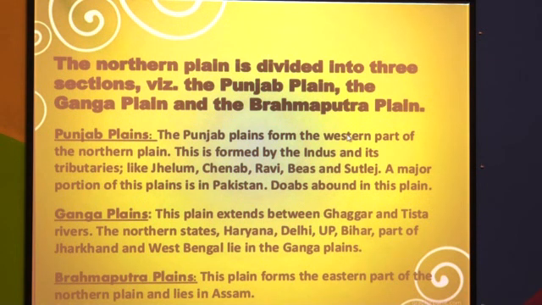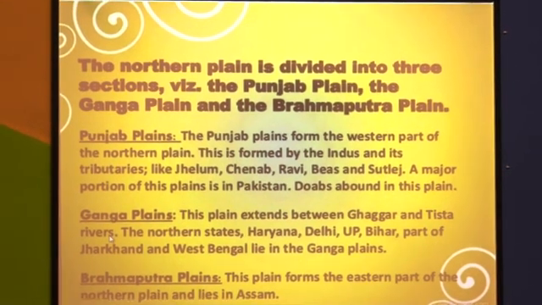Now when we come to the second part of the northern plain, the largest part of the northern plain, it is called the Ganga plain. Again, the Ganga river with its tributaries: some tributaries come from the Himalayan area and some join the Ganga river from the southern part.